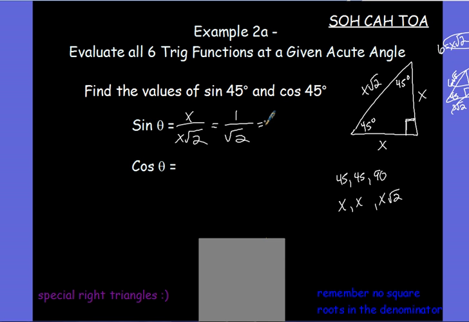How? Do I have to put the 1? So it's just going to be square root of 2 over 2. Okay? What about cosine? Can you tell me the cosine? So it would be what?